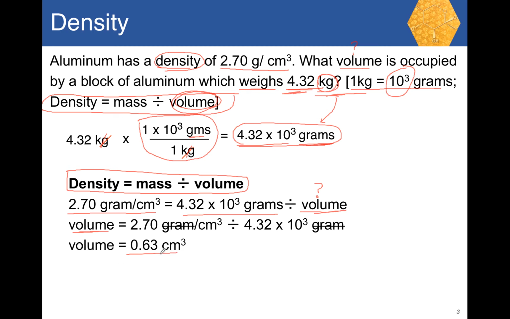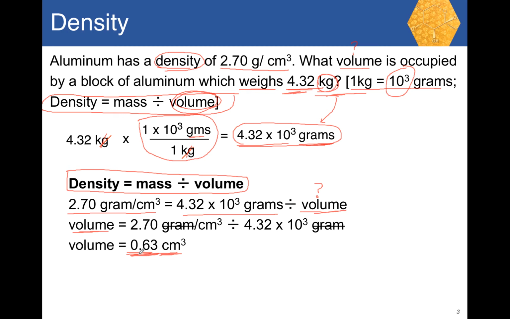Look at the units carefully. We could also use milliliters here, mL. But the bottom line is this number here is of importance for the volume of that aluminum.